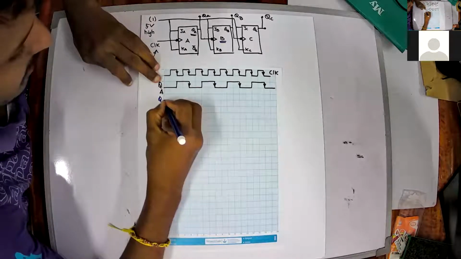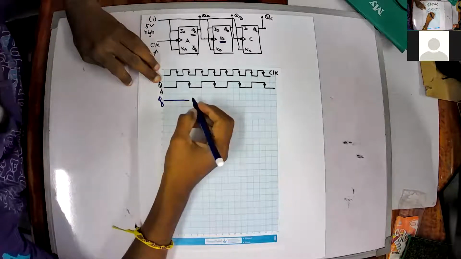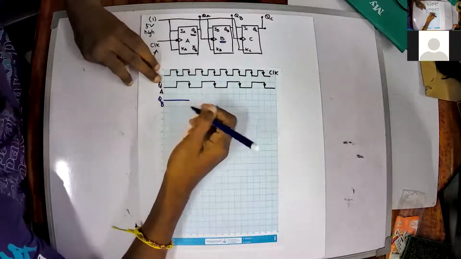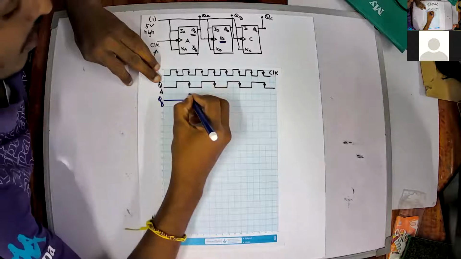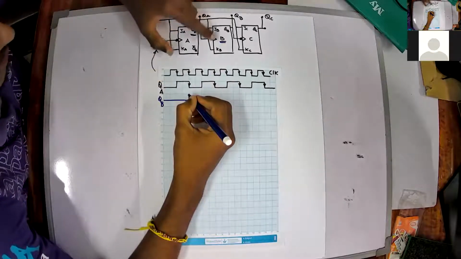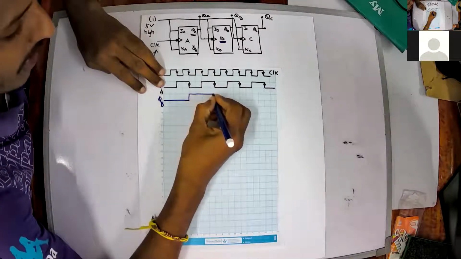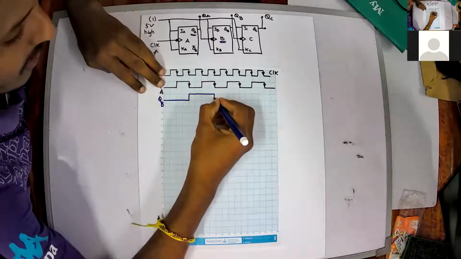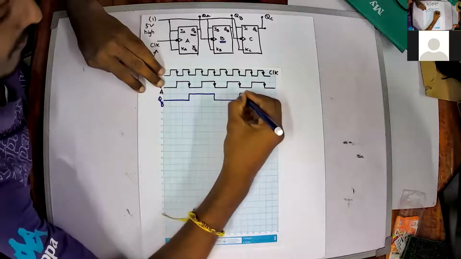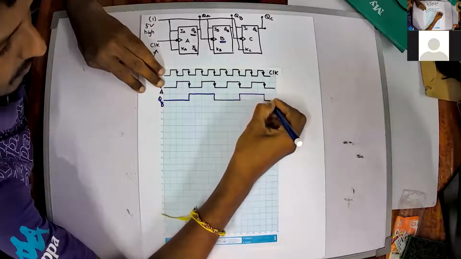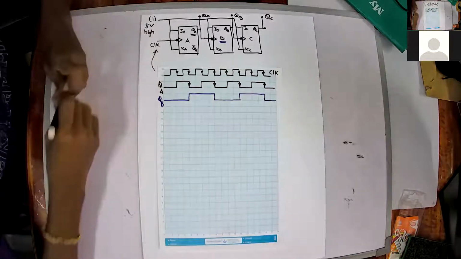It is 0 initially, and until I receive the first negative edge, that will be maintained as 0. Whenever it detects that negative edge, the output will be toggled, because J equals K equals high, or 1. Again, whenever it encounters the next one, it will be toggled to 0. So this will be the output of QB.